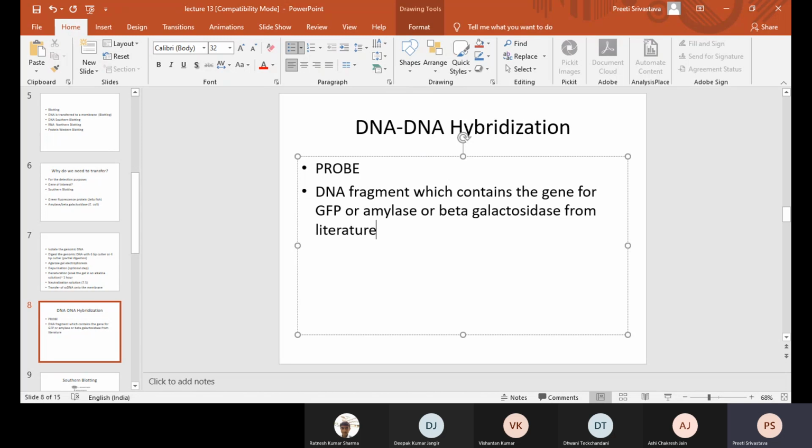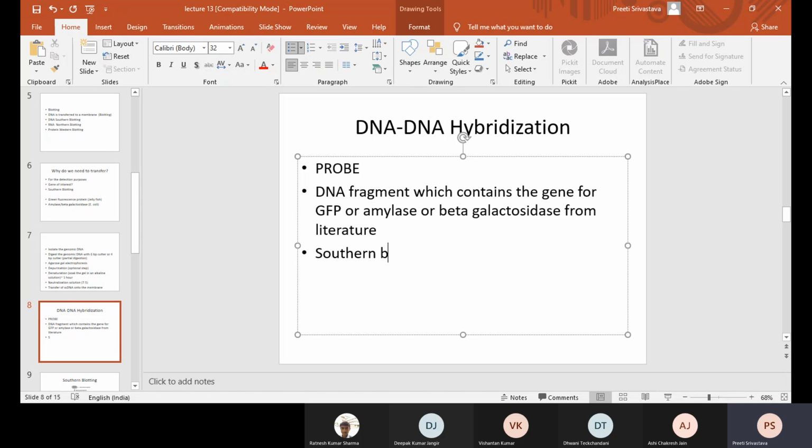You got this point. So that means in literature there are strains where GFP has been reported. In literature, alpha amylase or beta galactosidase have already been reported. Sequence wise they could be completely different, but still there could be patches of sequence similarity. For Southern blotting and hybridization, right?